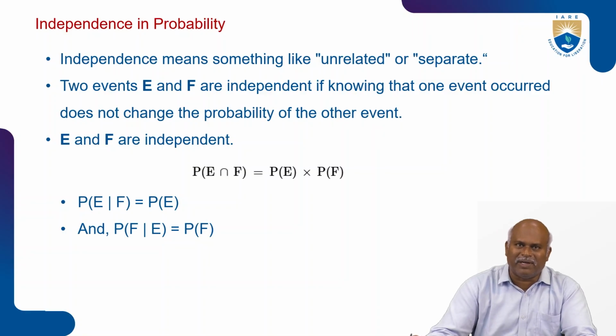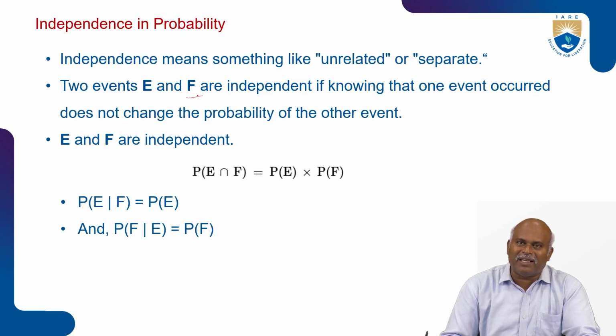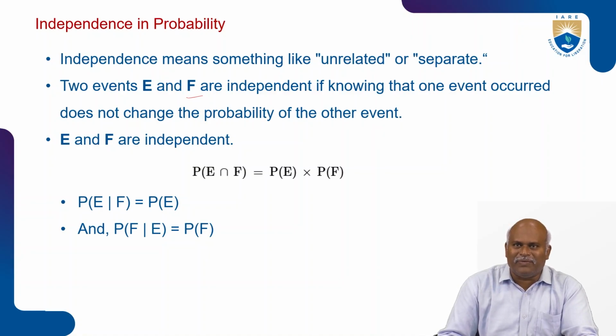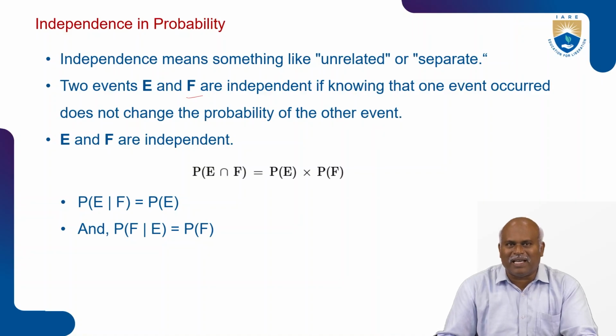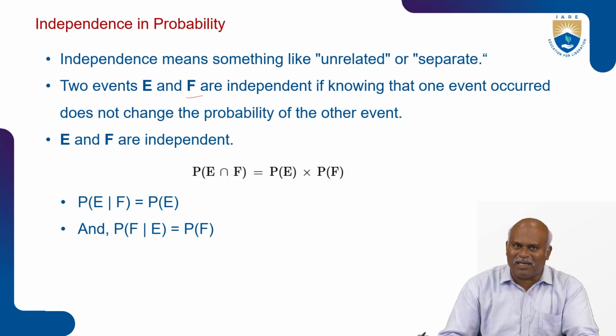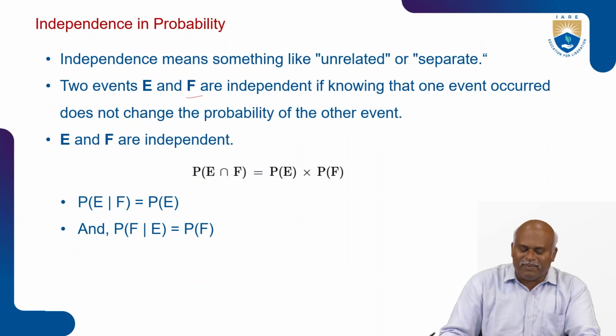We have two events, E and F. E is an event of occurrence, F is represented as an outcome. Both are independent if knowing that one event occurred does not change the probability of the other event. So the events do not overlap, which means it does not change the probability of the other event. E and F are independent.